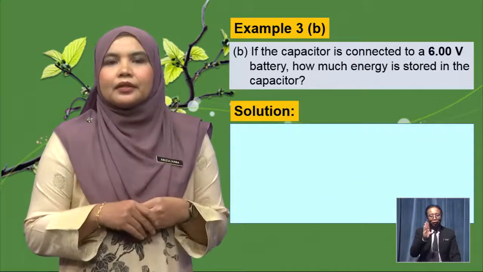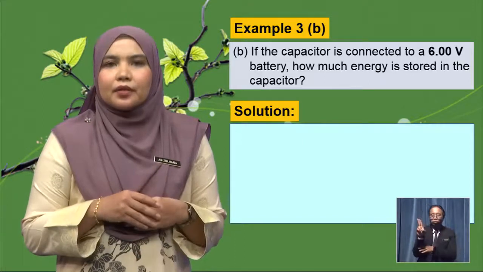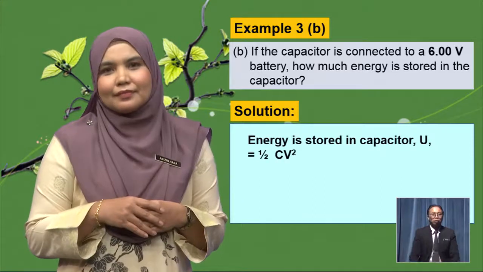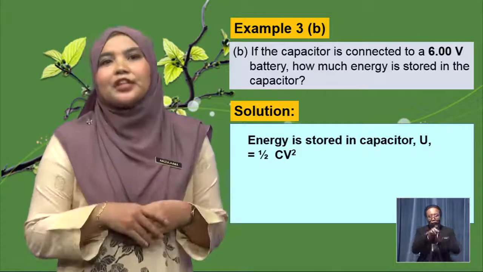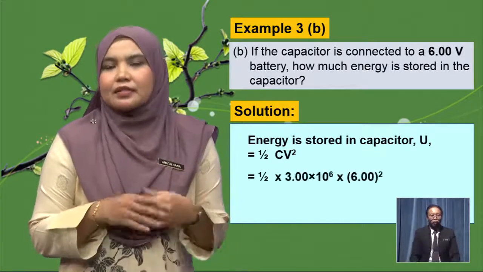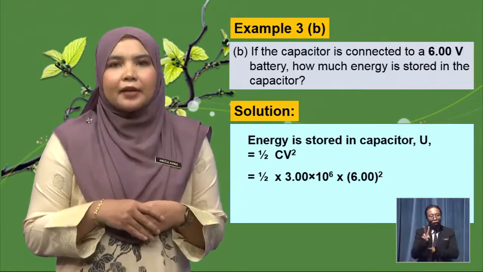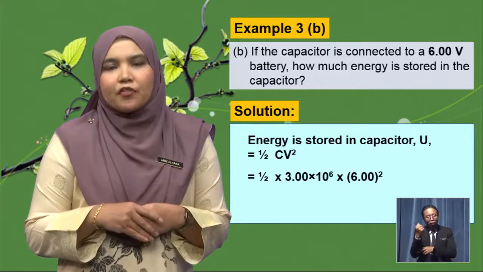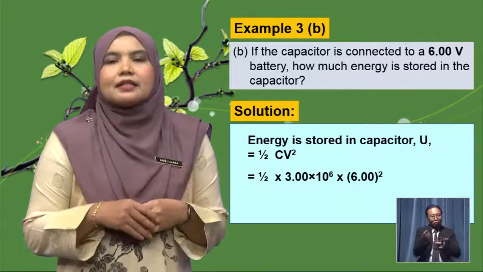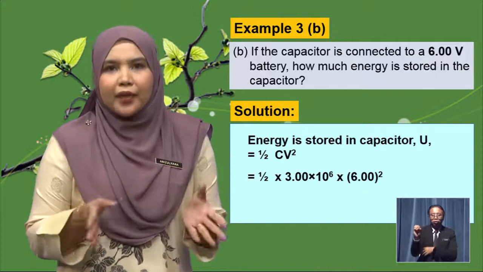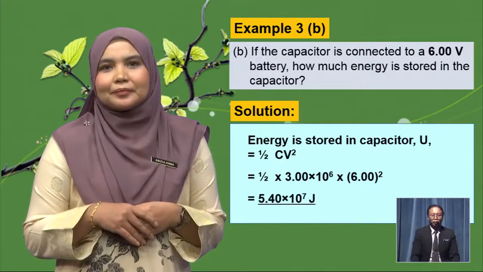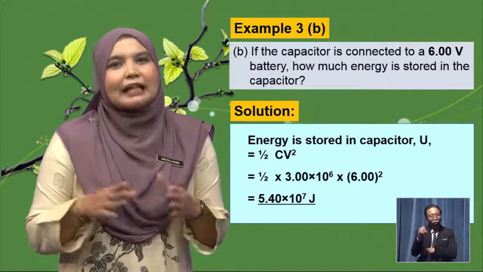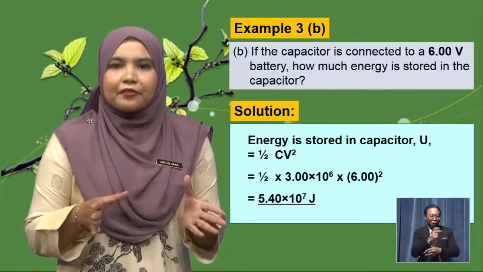B. Use U equals half CV squared. Entering the given values, equals half times 3.00 times 10 to the power of 6 times 6.00 squared, equals 5.40 times 10 to the power of 7 joules.